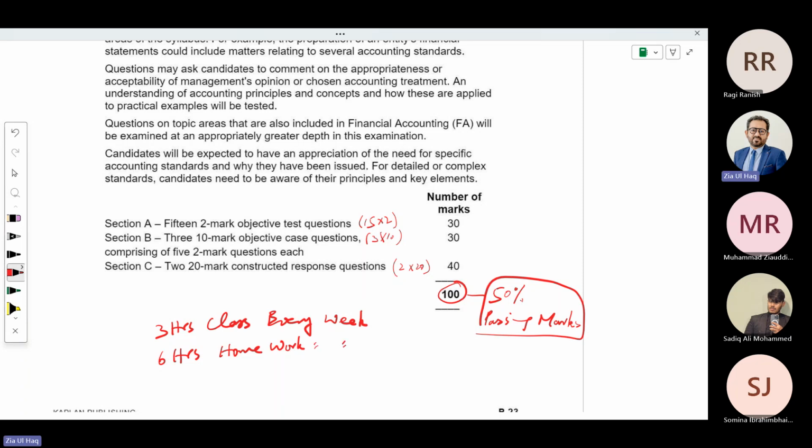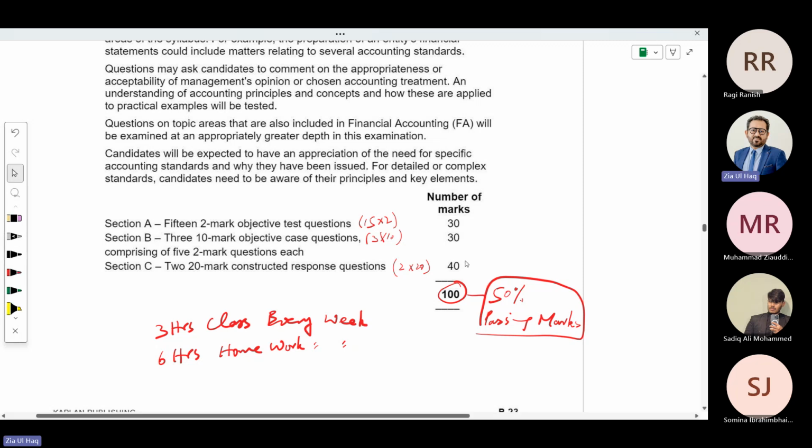You need to spend at least 9 to 10 hours every week on this paper. If you are spending 9 to 10 hours on a weekly basis, you will be able to pass this paper easily. If you are not, there will be difficulties and you will struggle during the exam paper.